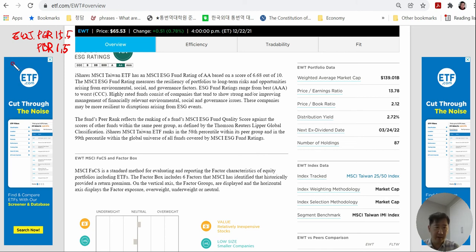So we definitely should invest in it. This is not my recommendation, but anyhow, TSMC is such a good company, right? So PER is, let's see, 14, and then PBR is about 2.1, right?